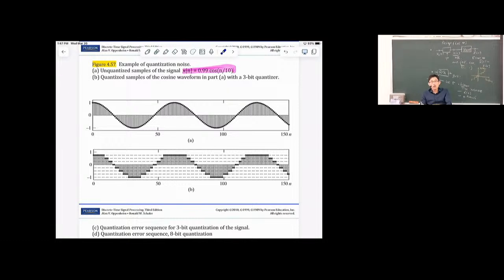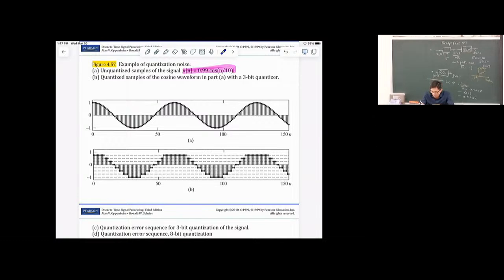Remember how we define quantization error? Quantization error is after subtracted by before. The difference is a signal.